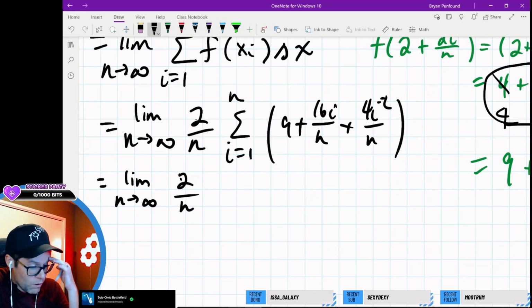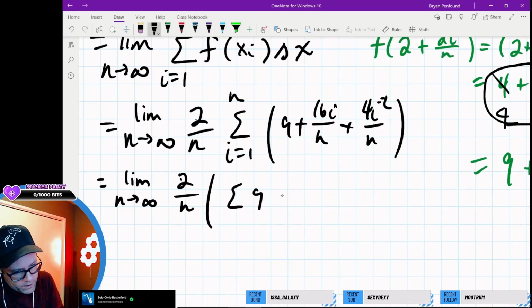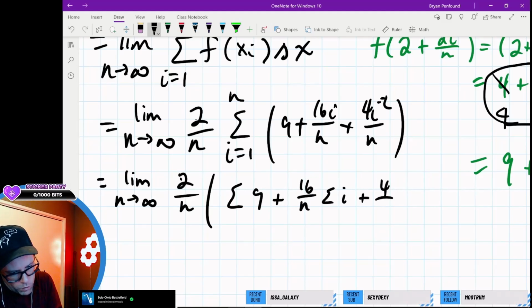So 2 over n, we need to distribute our sum to all of the pieces. So we have the sum of 9 plus 16 over n the sum of i plus 4 over n the sum of i squared.